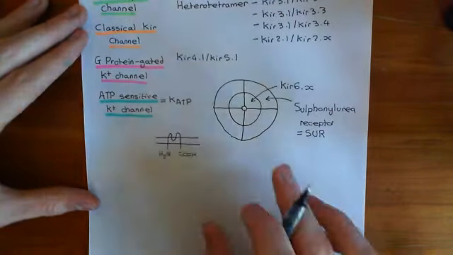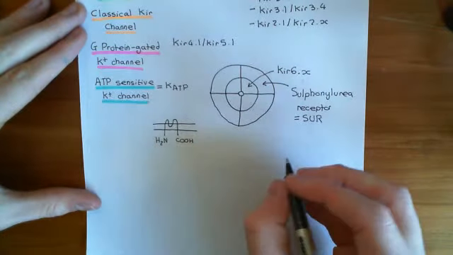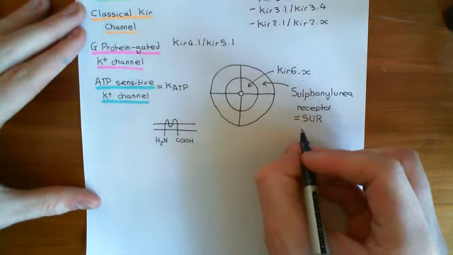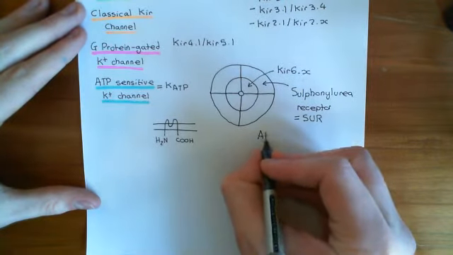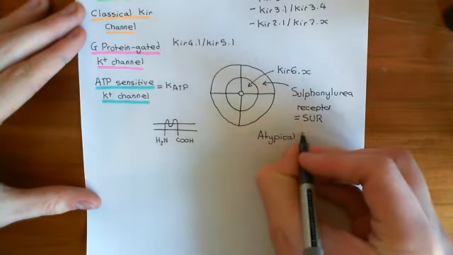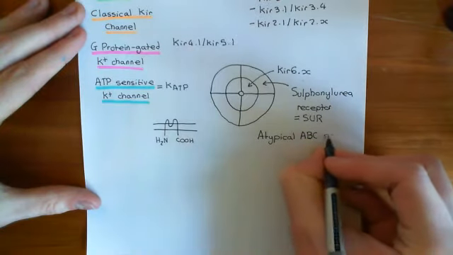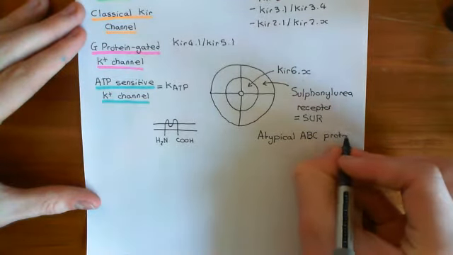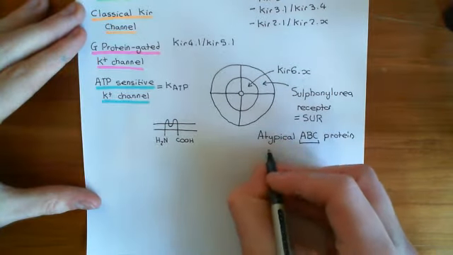Now let's have a look at the membrane-spanning topology of a sulfonylurea receptor. Sulfonylurea receptors are what are known as an atypical ABC protein. Most ABC proteins are transporters. Sulfonylurea receptors are not going to be transporters. And by the way, ABC stands for ATP binding cassette.